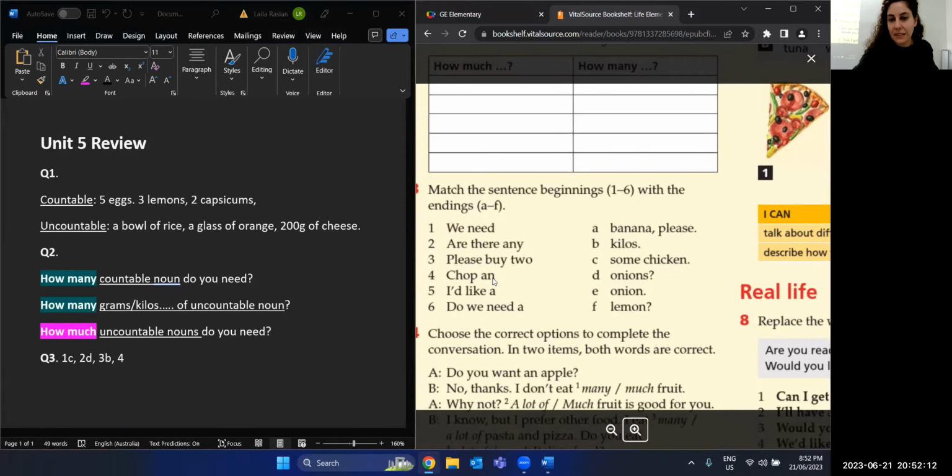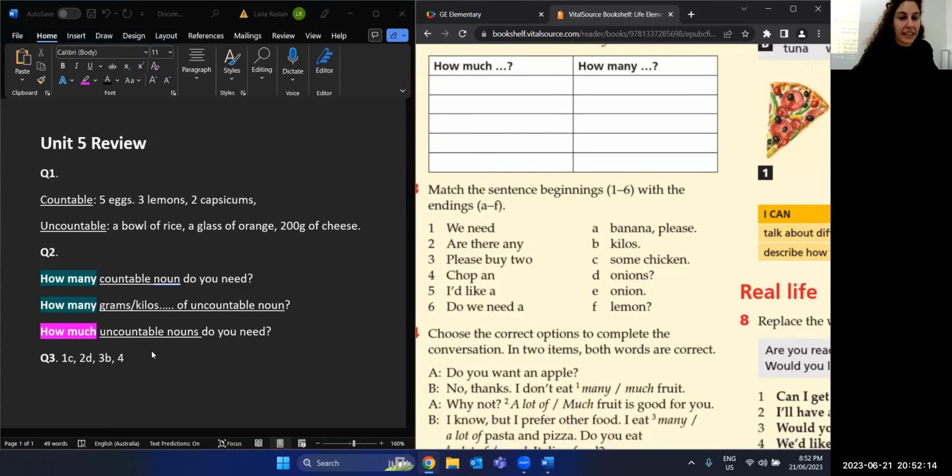Chop an onion. So 4E. And 5, Roxana, I'd like a banana, please. 5A.